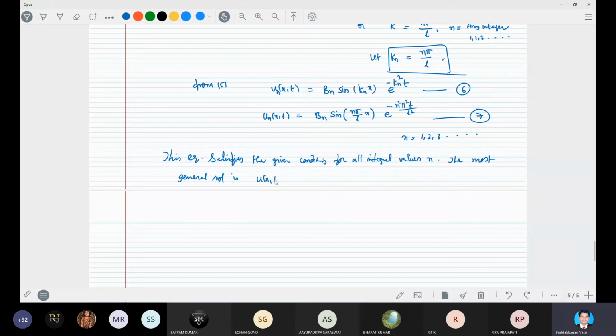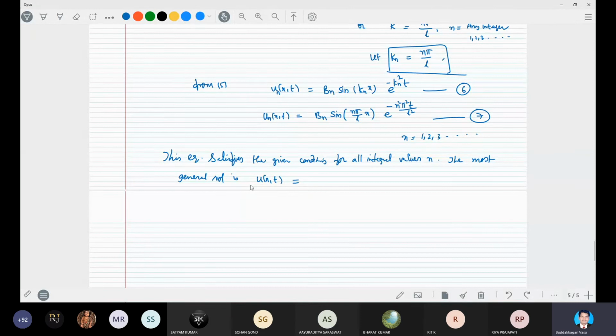u(x, t) is equal to... Can anybody say what will be the most general solution? Because this is one solution for one n, there are infinite solutions because there are infinite integral values of n. Tell me what is the most general solution?